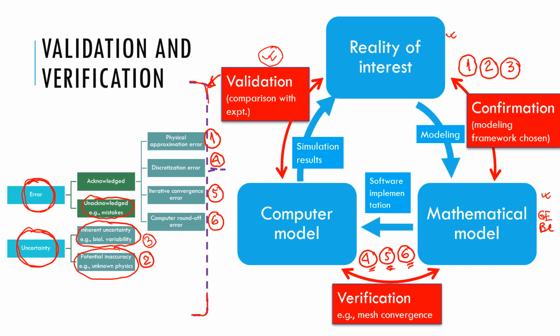It will include the mesh convergence error. It will include the unknown physics or the known assumptions in the model. Everything is included in the validation stage as we compare between our solution here and reality.